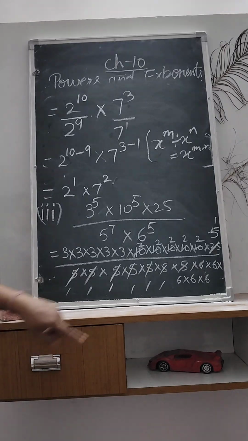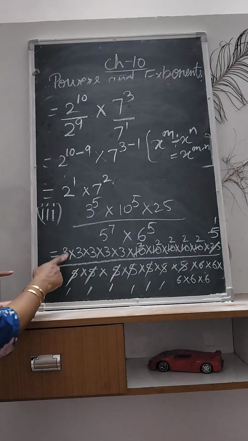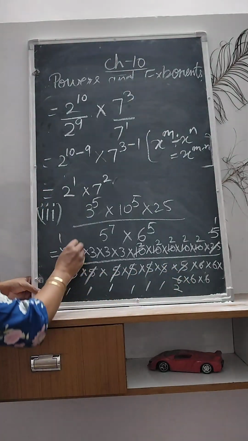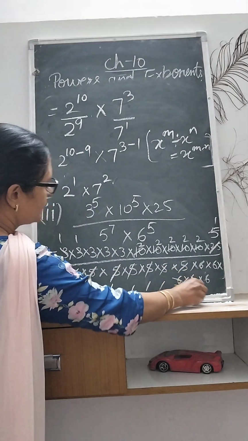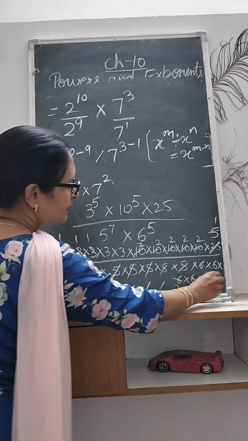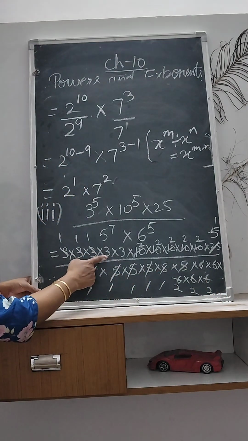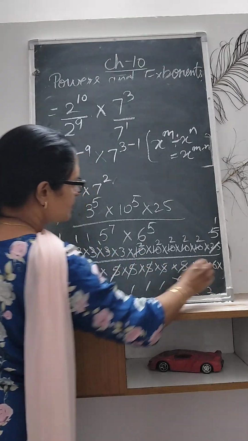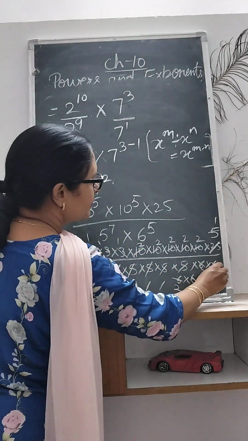Now let us cancel this one. Now we are having 6 and we are having 3. 3 ones are 3, 3 twos are 6. Again we are having 2 more. 3 ones are 3, 3 twos are 6.